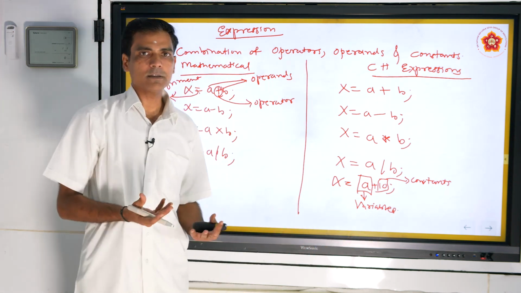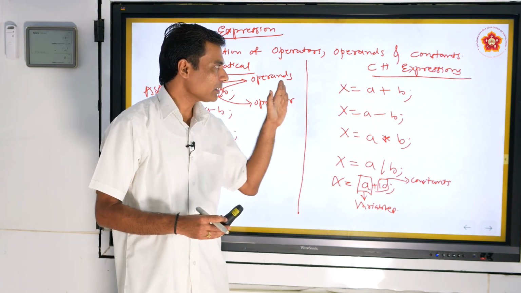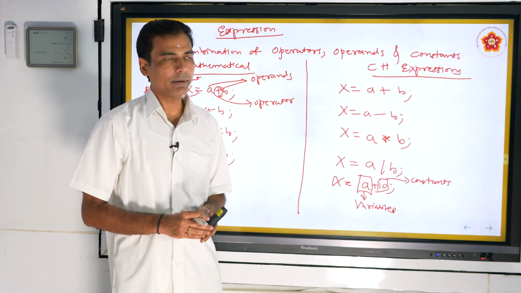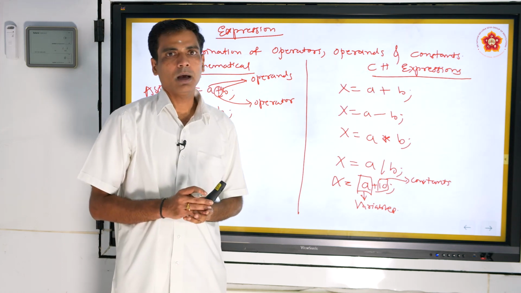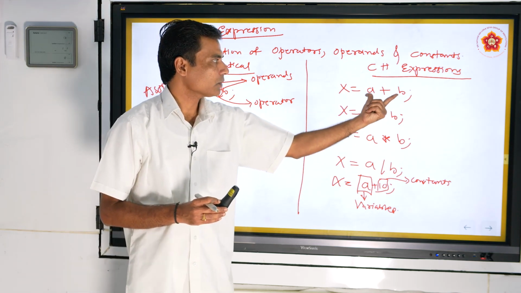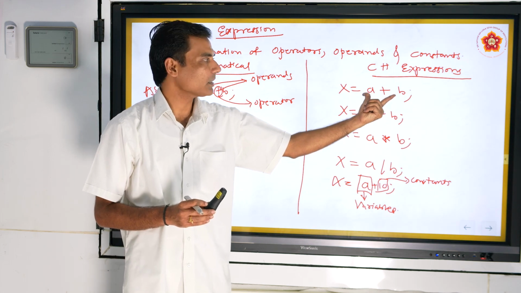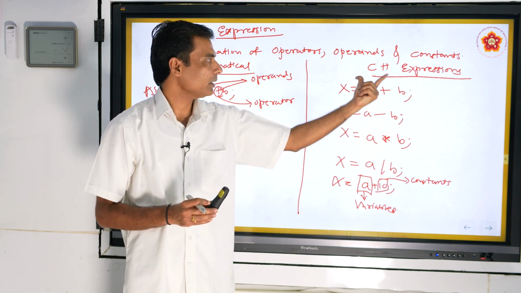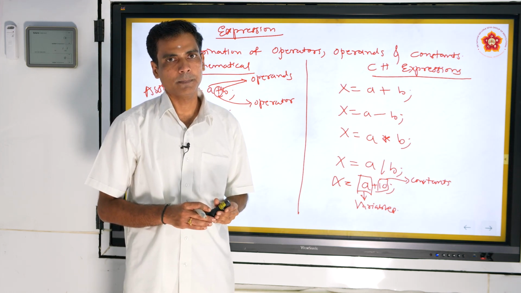So the meaning of a C++ expression is very simple. On the left hand side of the assignment operator is a variable. On the right hand side of the assignment operator is the operation. So here is the addition operation. The meaning of this expression is that the result of this addition operator will be stored into x. This is the simple meaning.